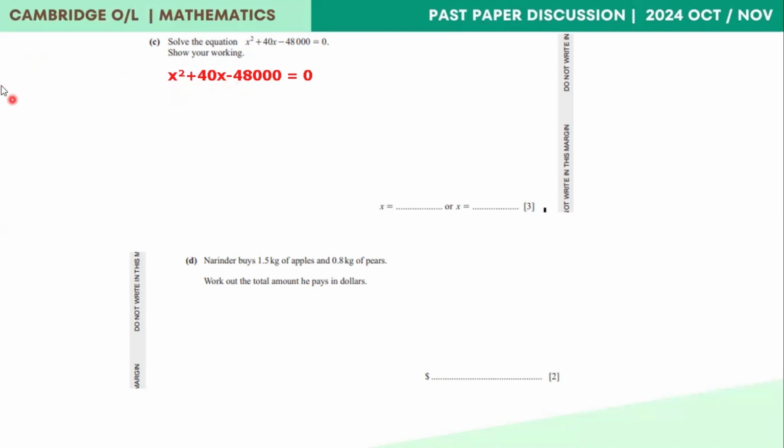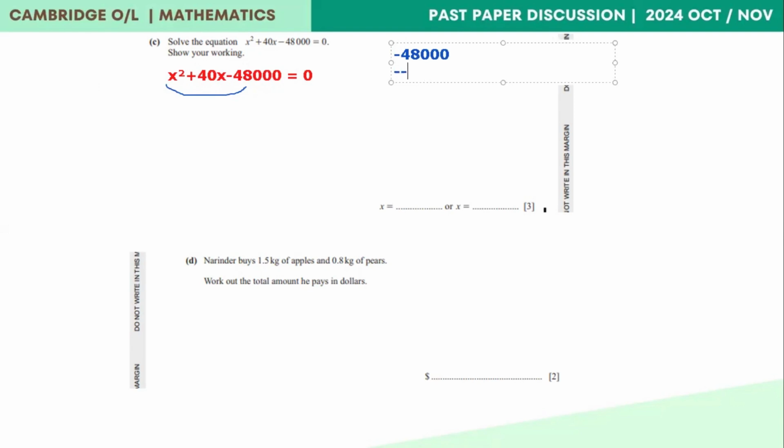So our usual factor method is, we multiply the x square coefficient and the last number. So that will give us minus 48,000. So now we can find some factors.